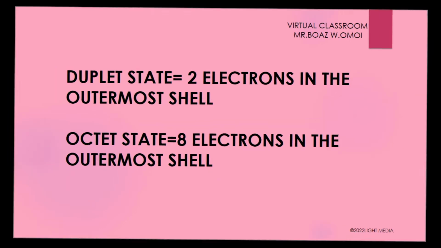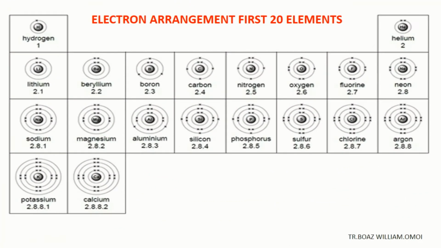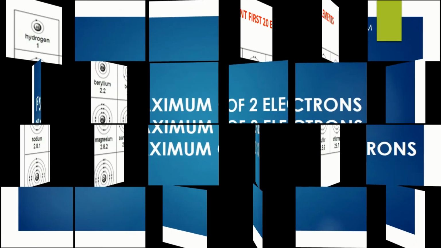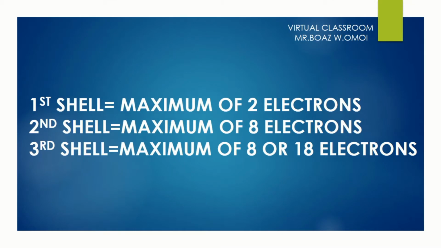Number 3 is lithium. Electron arrangement is 2-1. Now I want you to know that the first energy level carries a maximum of 2 electrons, and the second energy level carries a maximum of 8 electrons, while the third energy level carries a maximum of 8 electrons, just like the second.